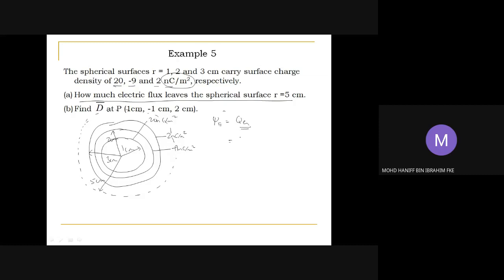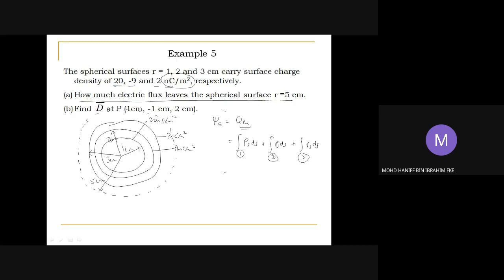So the Q enclosed, or the flux leaving the surface, can be calculated by simply finding the charge enclosed inside the surface, which will be rho S dS for surface number 1 plus rho S dS for surface number 2 and rho S dS for surface number 3, where 1 is the 1 centimeter sphere, 2 is the 2 centimeter sphere, and 3 is the 3 centimeter sphere.